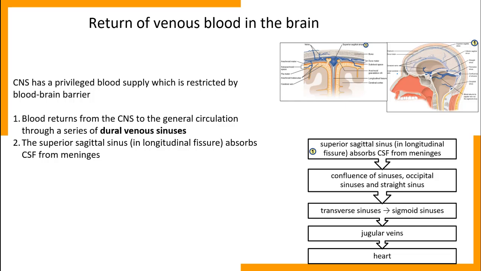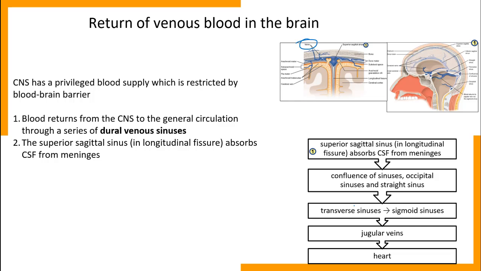In terms of returning blood from the brain to the heart, we've got the dural sinuses. So you can see the dural sinuses is an empty space that the veins in the central nervous system drain into. And it also collects the cerebrospinal fluid from the meninges.